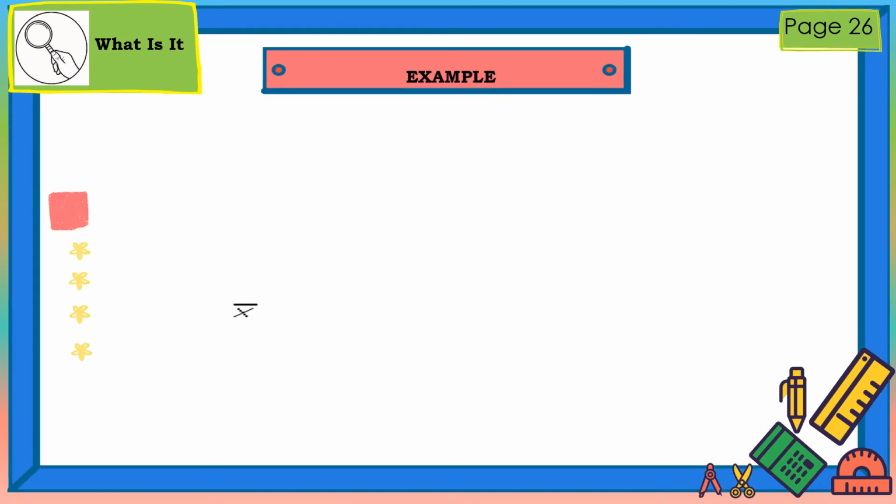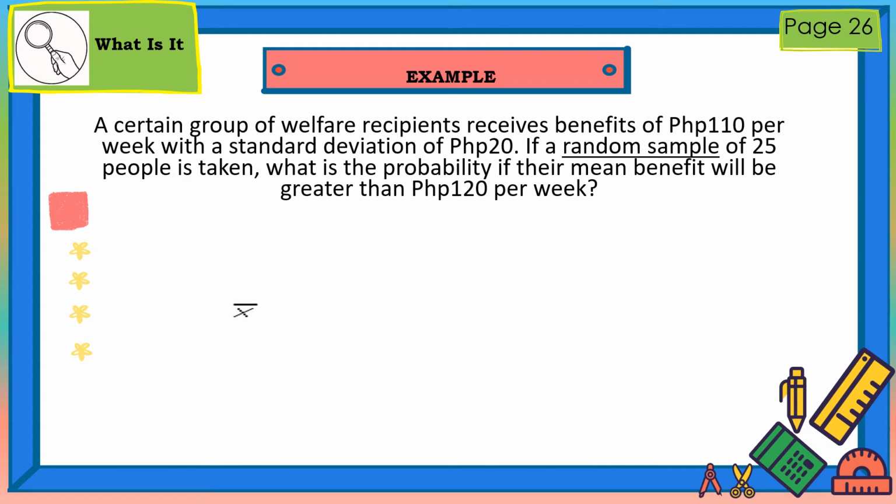Example number 1. A certain group of welfare recipients receives benefits of 110 pesos per week with a standard deviation of 20 pesos. If a random sample of 25 people is taken, what is the probability that their mean benefit will be greater than 120 pesos per week?